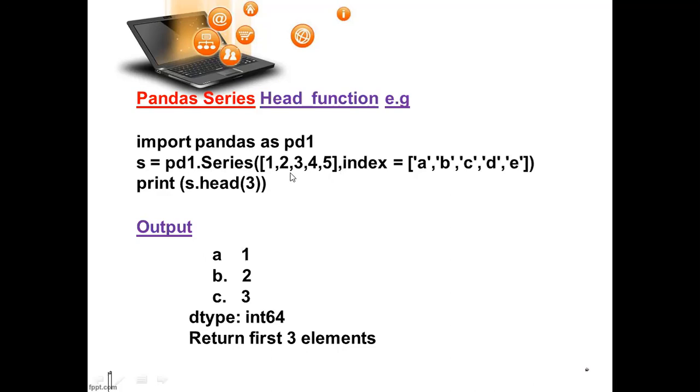Series is a function, that's why the rounded bracket. Inside the square bracket you enclose the values 1, 2, 3, 4, 5. These 5 values have the index a, b, c, d, e. Whenever you print s dot head, the beginning three values will be printed.